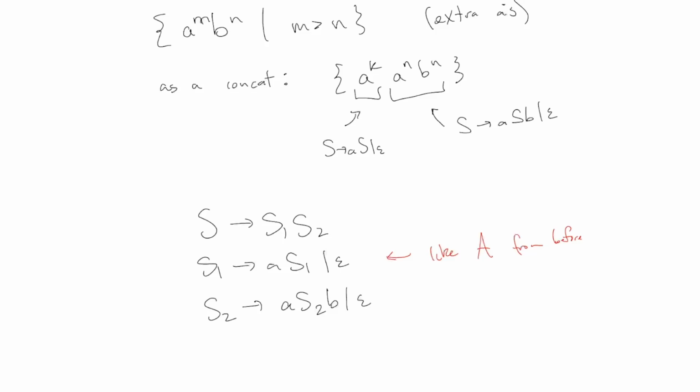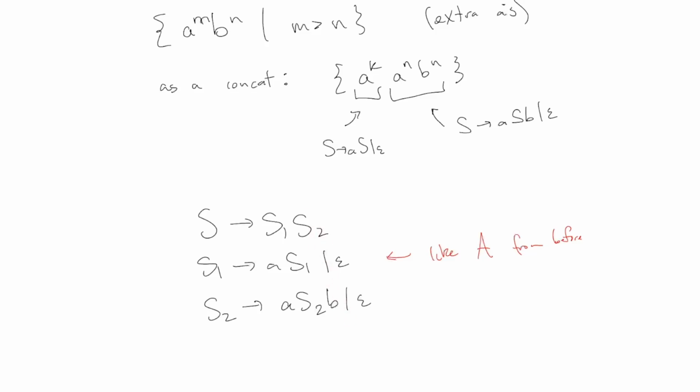And you know what? I realize there's a little mistake here. Anybody see there's a little technicality here? Shouldn't S1 be AS1 or A? Yeah, right. Here in the definition of the language, the M has to be bigger than N. I think the way that I made this, it would be possible that they're both equal.